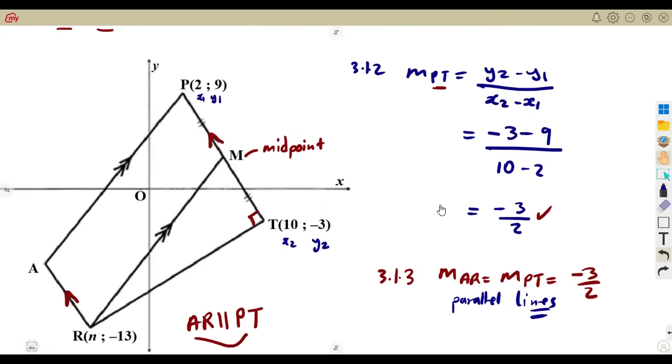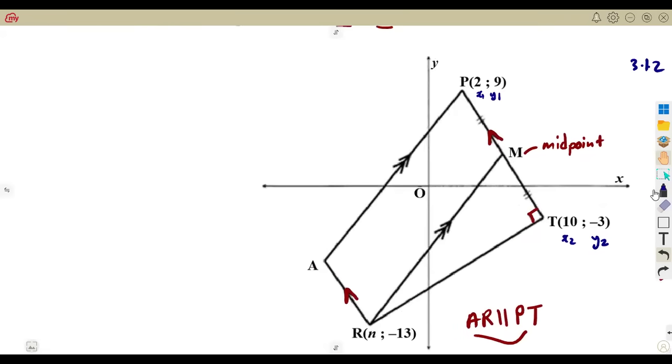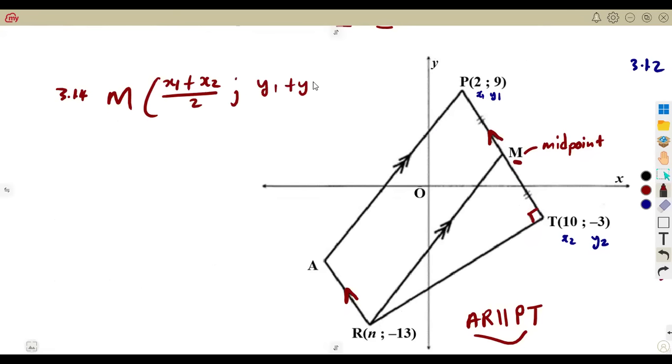We have that M is the midpoint, as we are being told before. So we can determine this M, that is 3.14. Remember for the midpoint, we just need to add the X values together, X1 plus X2 over 2, and add the Y values together, Y1 plus Y2 over 2. So that's it, guys, we've got the point M. X1 is 2 and X2 is 10, so that's 2 plus 10 over 2.